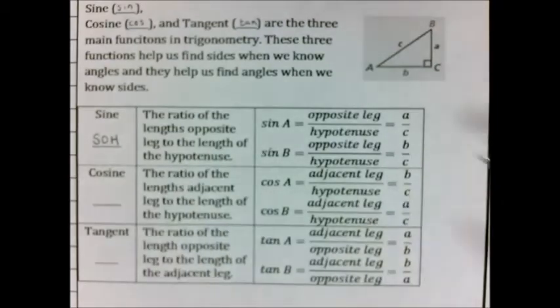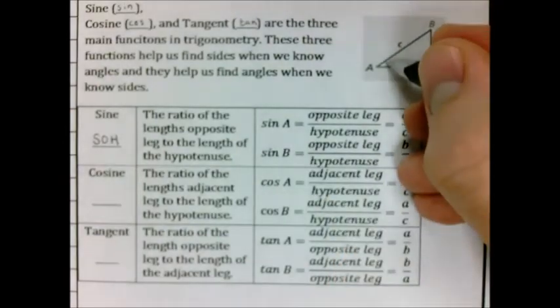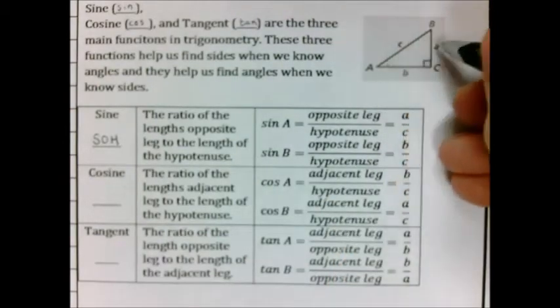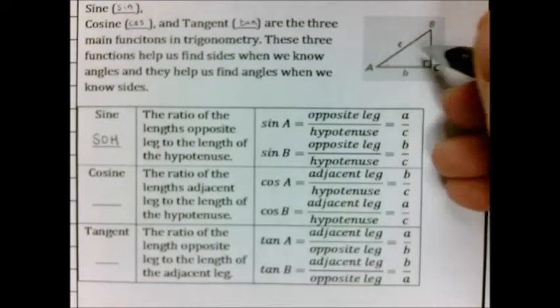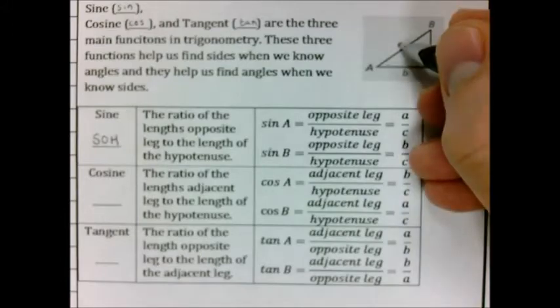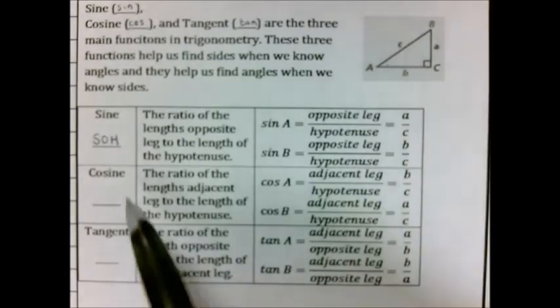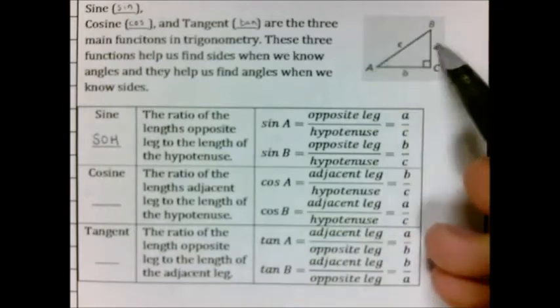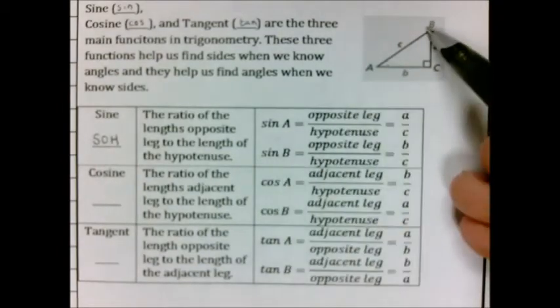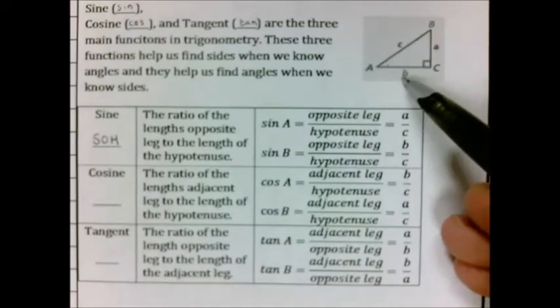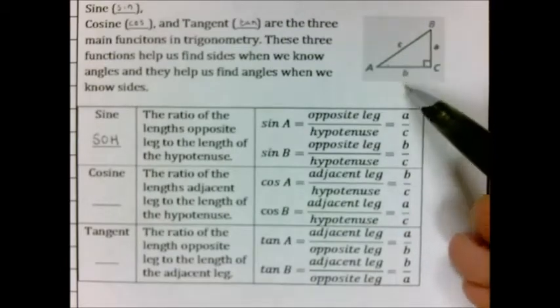So what I mean by that is if we were trying to find the sine of A, we would need to use the opposite leg, which is A here, over the hypotenuse, which is C. That's where the O for opposite and H for hypotenuse come into play here. So that would be A over C. So the sine of A is A over C. The sine of B is opposite over hypotenuse, so it'd be B over C.